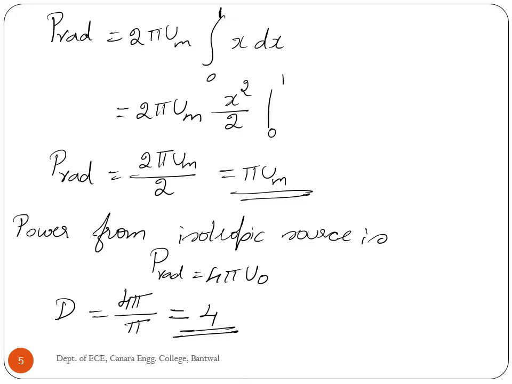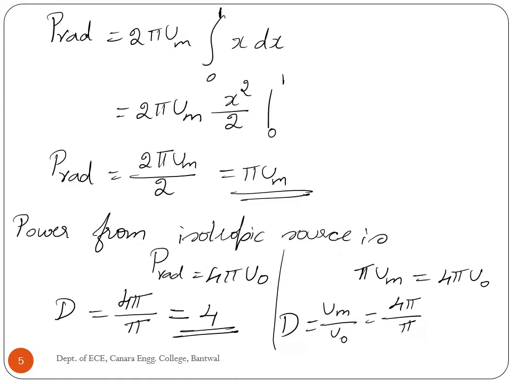That is the exact directivity for the given pattern. When you equate the radiated power pi Um and 4 pi U naught, the remaining terms are 4 pi divided by pi, which is equal to Um divided by U naught, which is the directivity. So this is equal to 4.